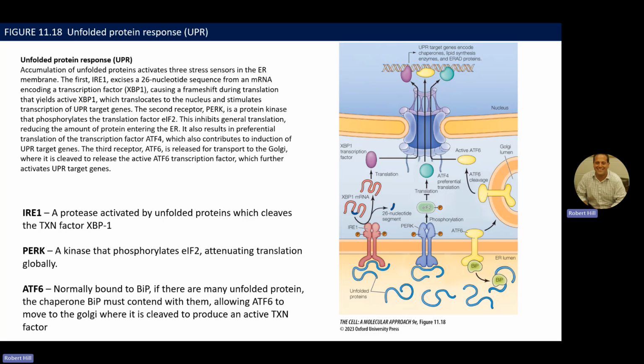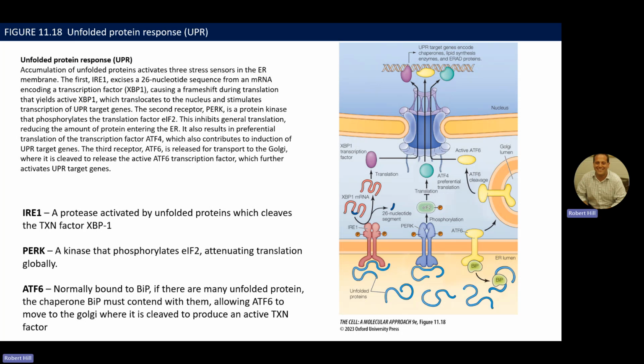When XBP1 is uncleaved, it's inactive. But remember, we've talked about, sometimes protein cleavage is a way of activating proteins, like the insulin protein. XBP1, when it's cleaved, it becomes an active transcription factor that can go to the nucleus and turn on the synthesis of genes that will fix the unfolded protein response, or fix the UPR problem. All right, that's one pathway.